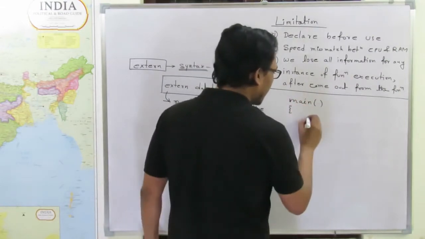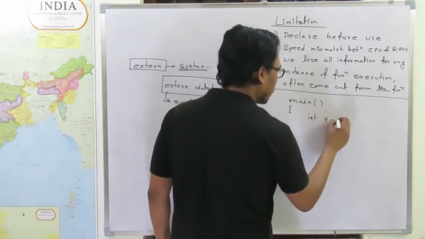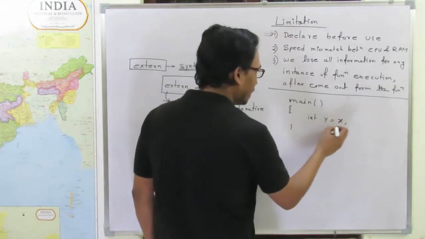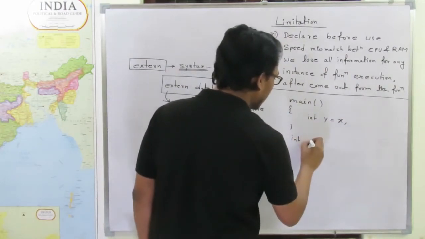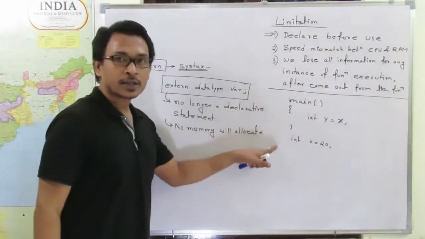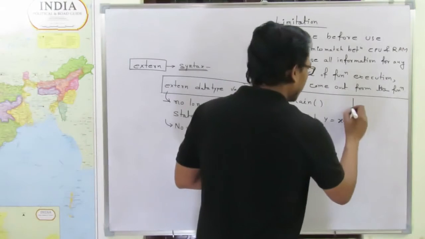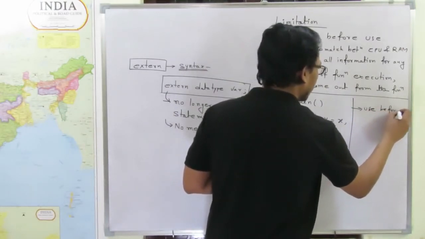Inside main we are using int y equal to x, and we declare this variable x after the main function, that means int x equal to 20. Now what happened in this particular scenario? We are using it before declaration.